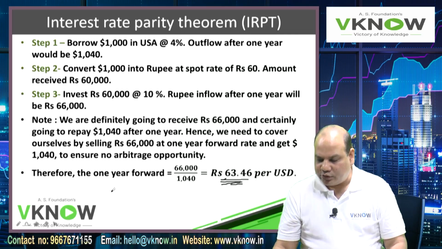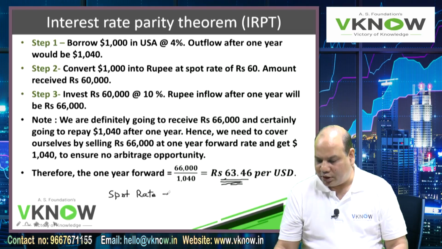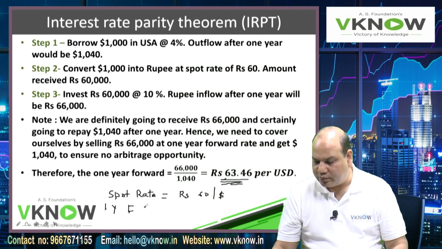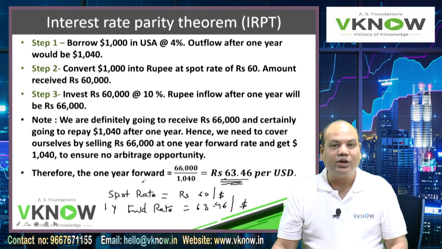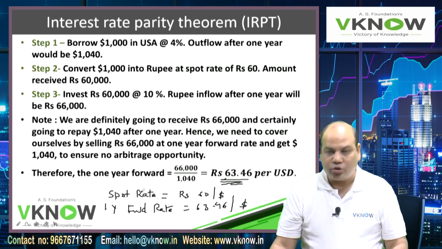Now look at the rates and answer my question: which currency has depreciated in this? Spot rate was rupees 60 per dollar and the 1 year forward rate is 63.46 rupees per dollar. So which currency has depreciated and which has appreciated?